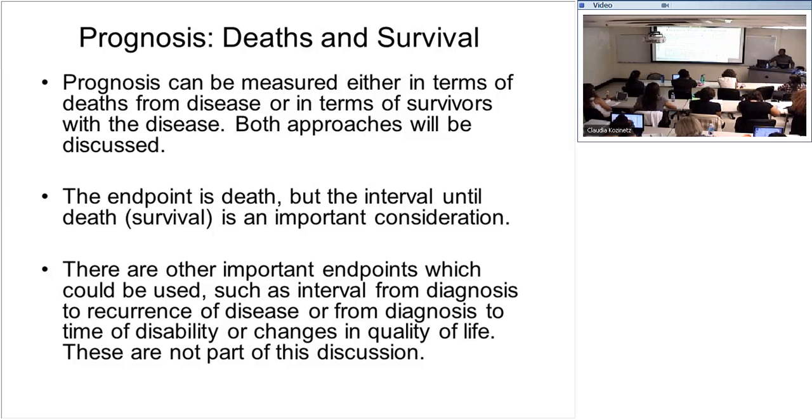We can also use changes in quality of life, but that we will not discuss, because quality of life is a whole issue on its own. As we sit here in this room, the quality of life of everyone will differ. If we give a scale to rank how happy we are with our lives, you may see so many things that are horrible, and other things so good that people are extremely happy with their lives, while others don't wish to be.